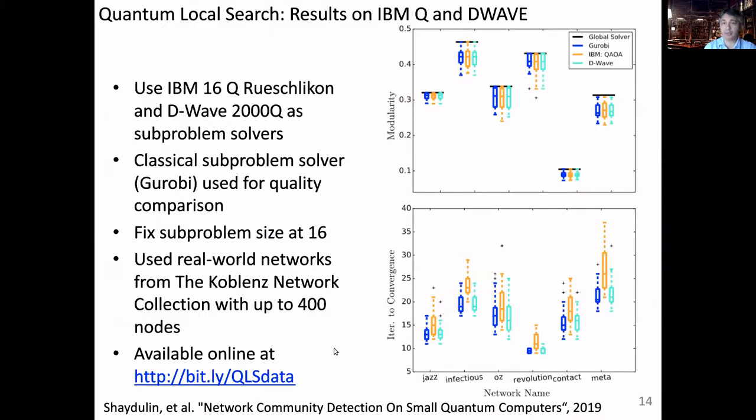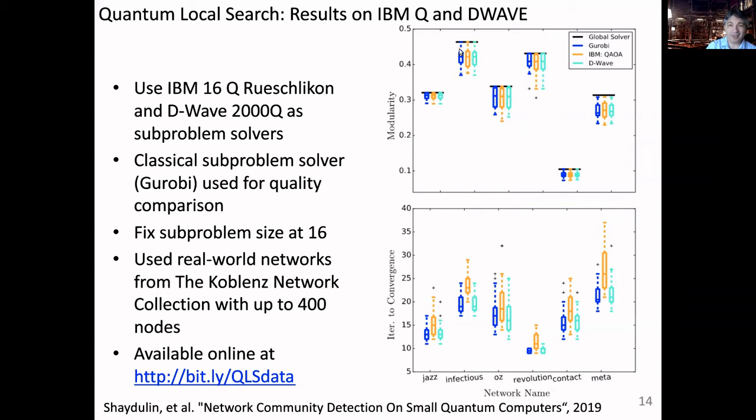Now, the results were quite surprising because we've reached the optimal solutions. Here you can see that we compare the global solution. We use problems that we were able to solve exactly. And we compare here the IBM QAOA approach and the quantum annealing used on the D-Wave device.